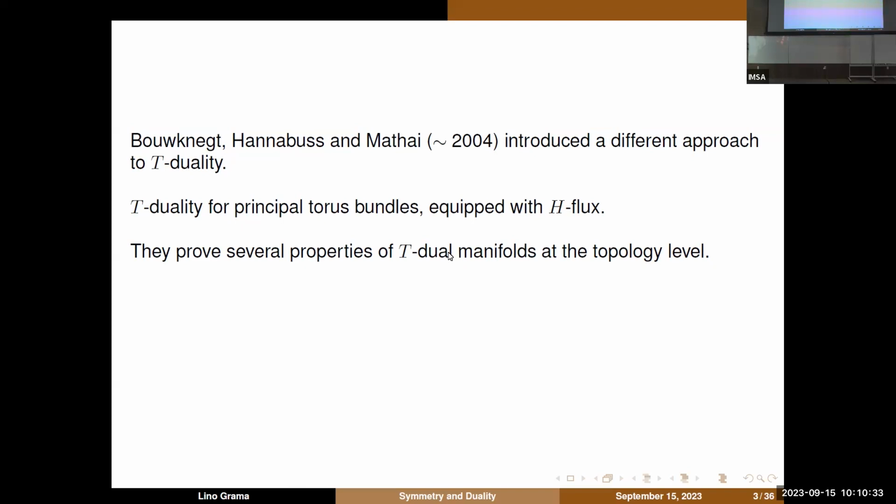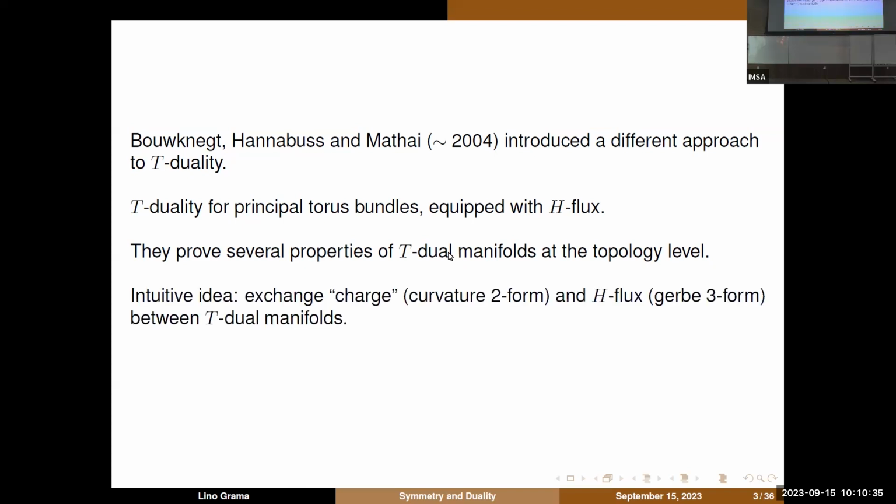There is a sequence of papers, and the intuition behind this idea is that we have two torus fibrations, and the torus fibrations interchange the topological charge, the curvature of the bundle or second Chern class, with the three-form on the other side, the H-flux, and vice versa.